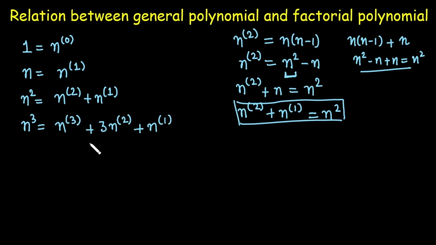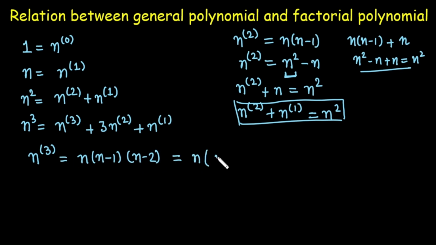Now let's derive this one. So n cube can be obtained when we are dealing with n raised to power 3 factorial polynomial. This is equal to n into n minus 1 into n minus 2. Multiply this, keep this n as it is.